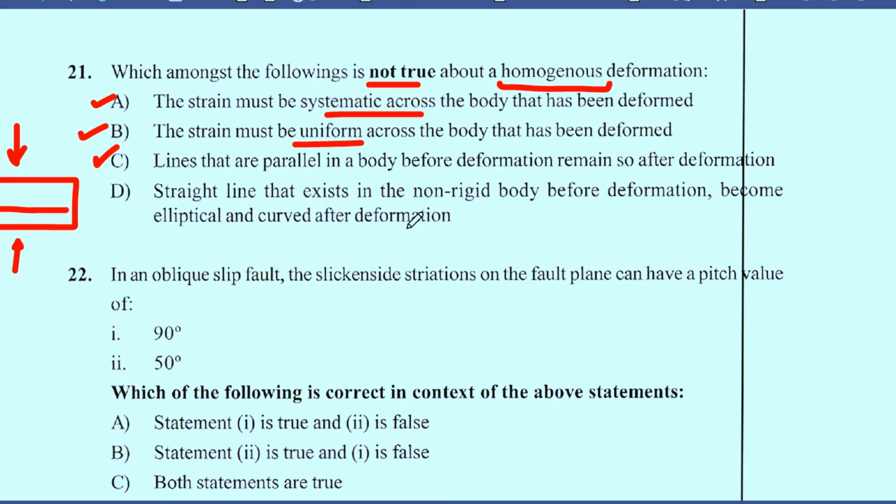And in the last option, straight lines that exist in the non-rigid body before deformation become elliptical and curved. These things happen only in shearing, if shearing is there, and non-homogeneous deformation. So all these are correct, but this is the right option. Option D is the right option.